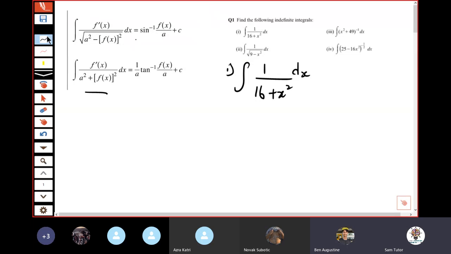Inverse tan of 0 should give you 0. So the answer is pi on 8. Good stuff.